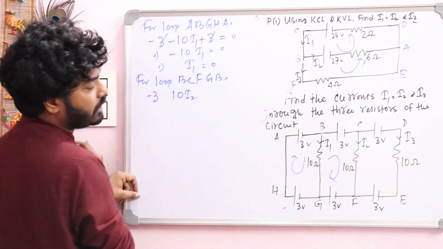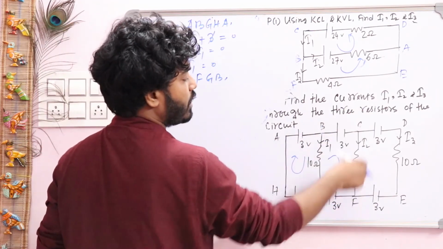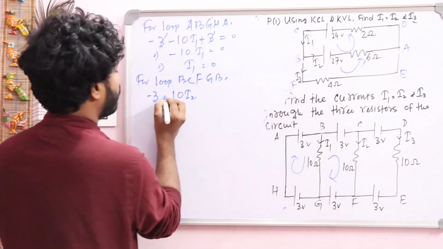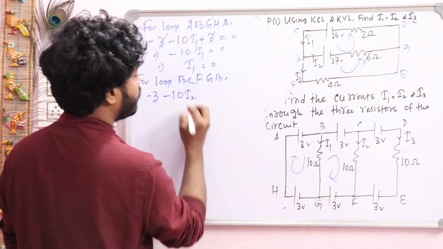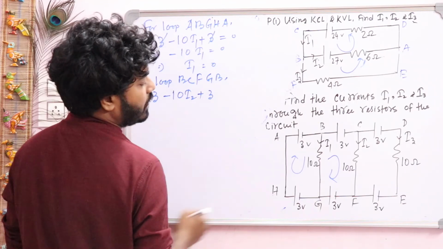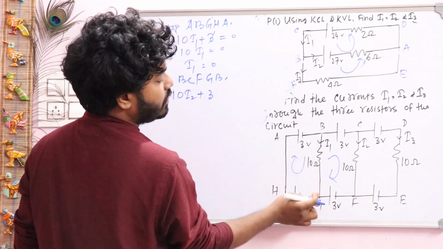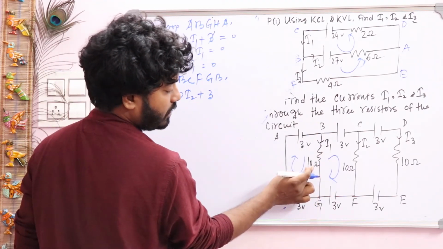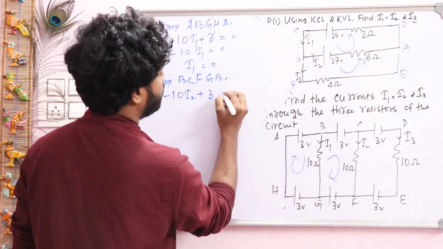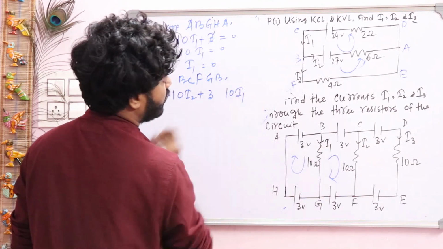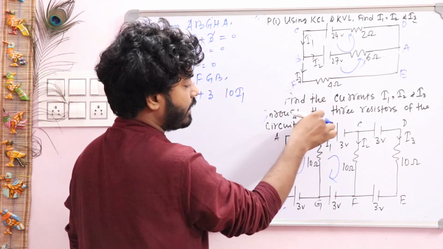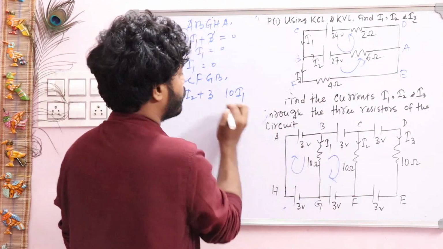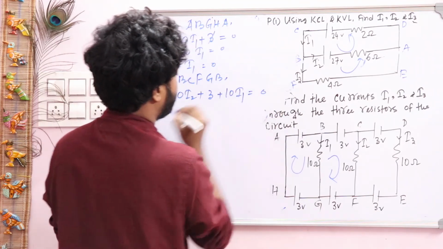Now you just think the sign: your direction C to F, current direction also C to F, so this one will be minus. Now F to G, that is negative to positive, so this one will be plus 3. Now again G to B, resistance 10, current I1, so write 10 I1, but consider the sign: your direction G to B, current directed B to G, that is opposite. So the sign will be plus, that is equal to 0.